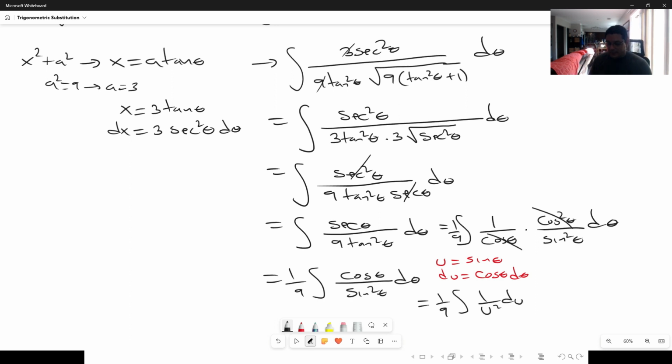And then again, this is a power, so this is 1 over 9 u to the minus 2 du. And integrating this will be 1 over 9 u to the minus 1 over minus 1 plus c.